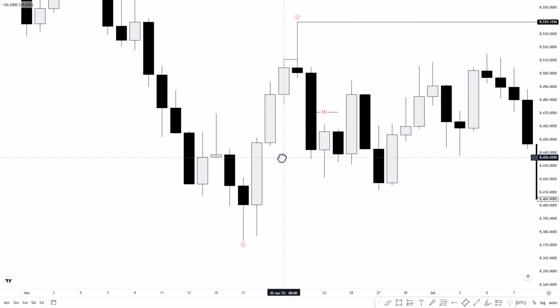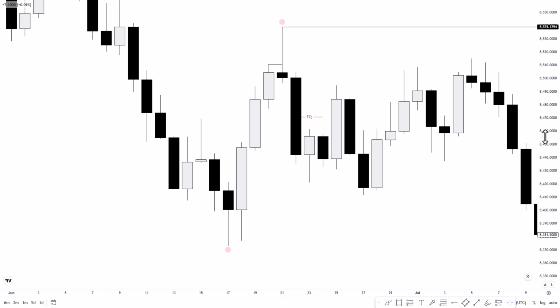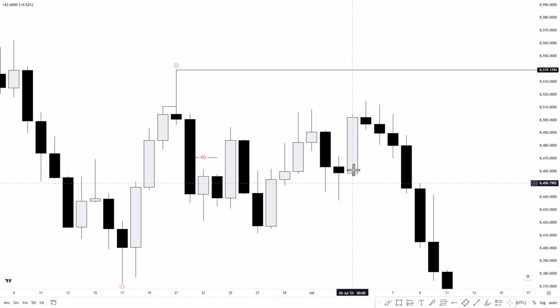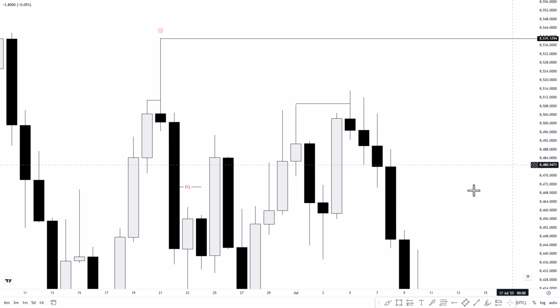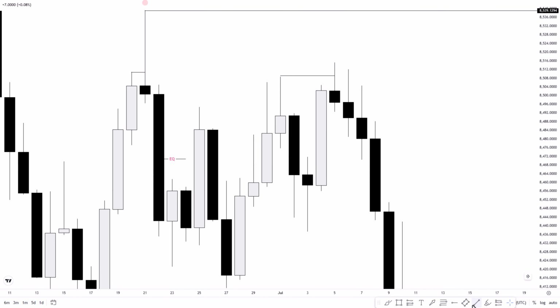Here, let's look at this. If you look at this particular example here, we've seen a swing formation because price swept liquidity above this high, and we see price reacting, closing inside the previous day range. Where is the previous day range?